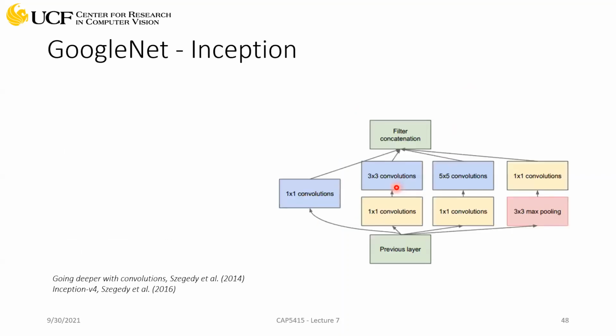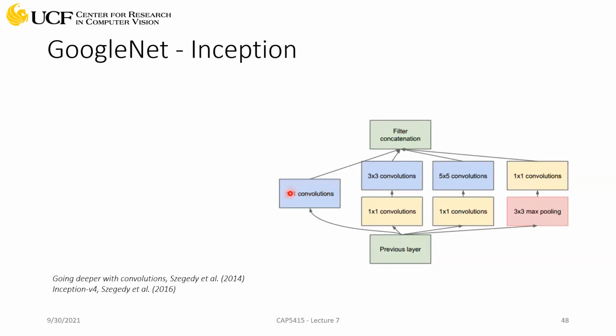Now, the second type of network is Inception. The idea here is, first of all, you want to lower the number of parameters which are required. The other interesting idea is that in each layer, you want to extract features at a different resolution or different scale.